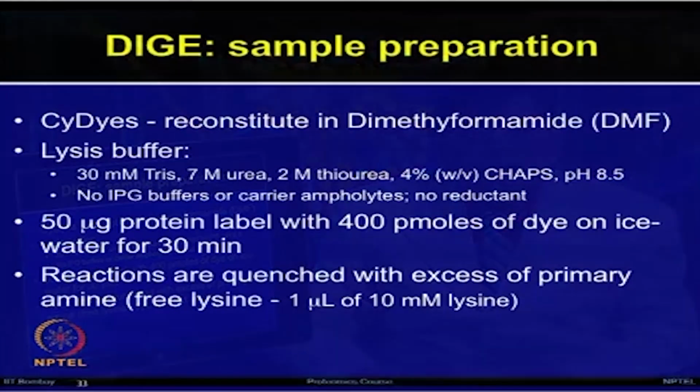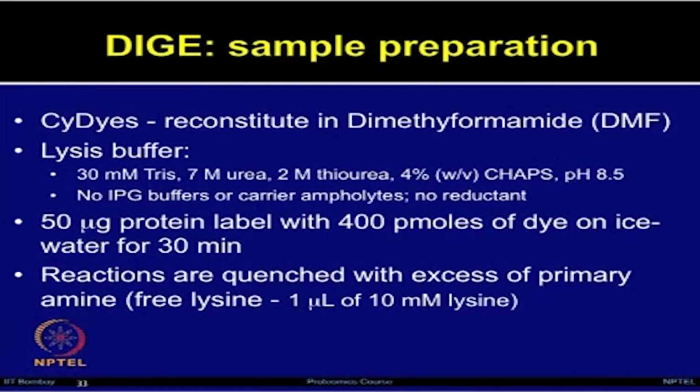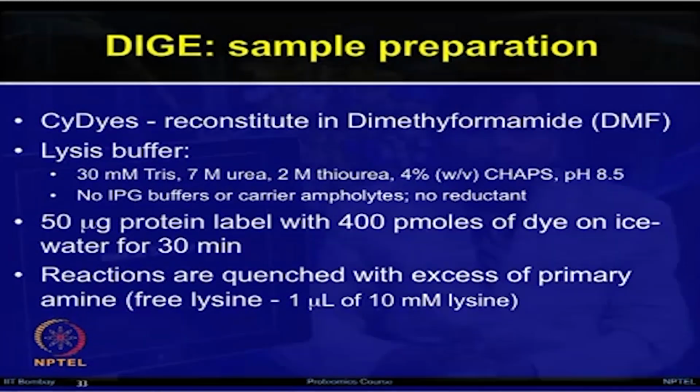Now, once this half-hour reaction is done, it should be quenched with an excess of primary amine, free lysine, by adding 1 microliter of 10 millimolar lysine. Then the reaction will be stopped and you can proceed with the next step.